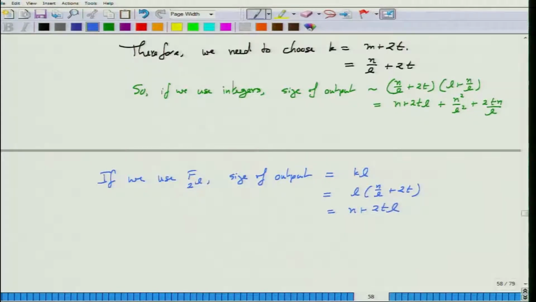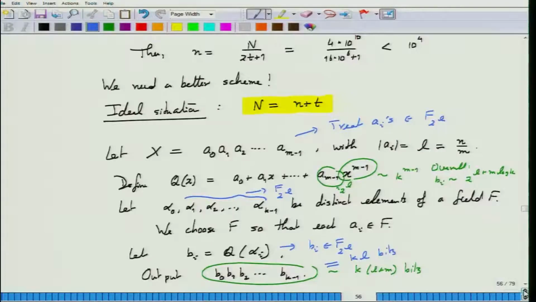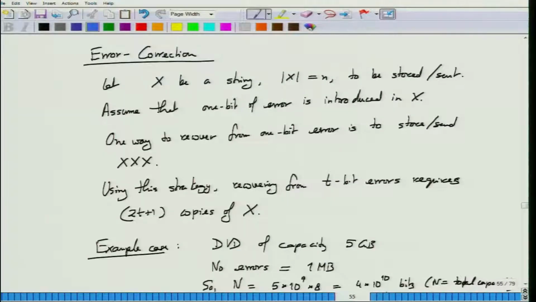Now we get something very significant. n is the size of input, and the size of output is n plus 2tL. Just an additive part. And notice that n is going to be very large, in the order of gigabytes when you talk about storing in a DVD. t, I said maybe 1 MB, I took this as an example. I picked the number of words to be 1 MB.